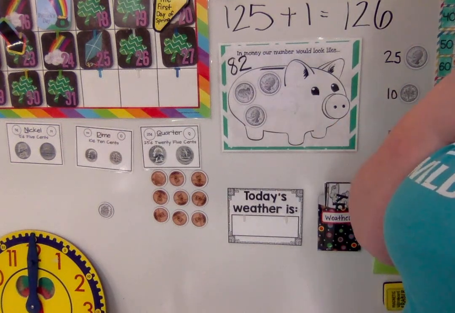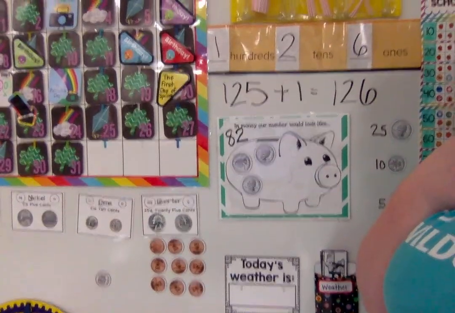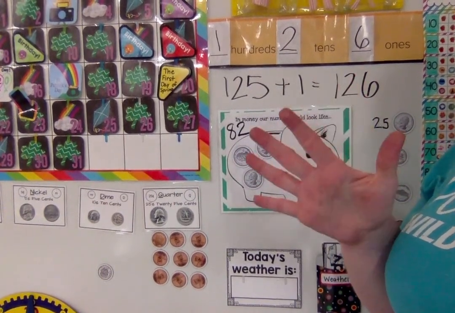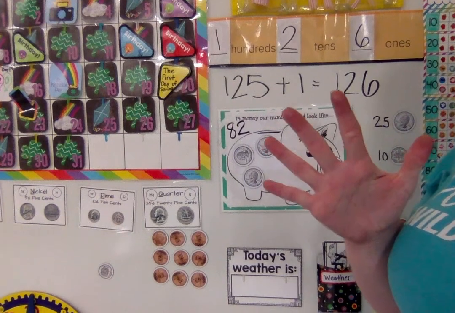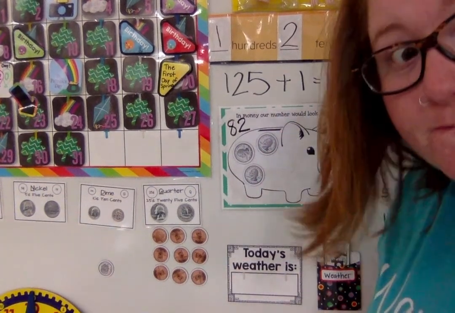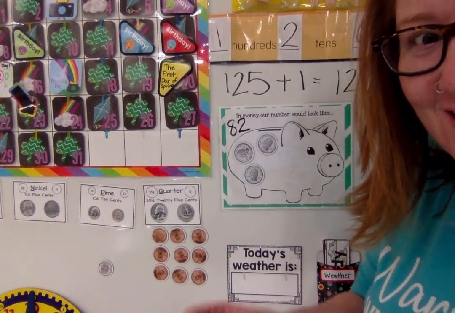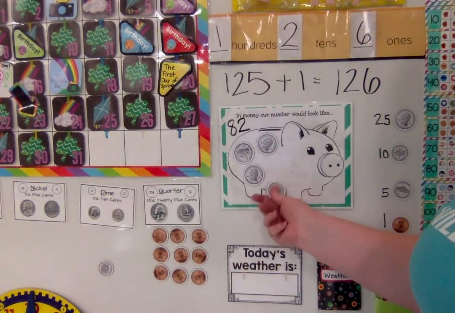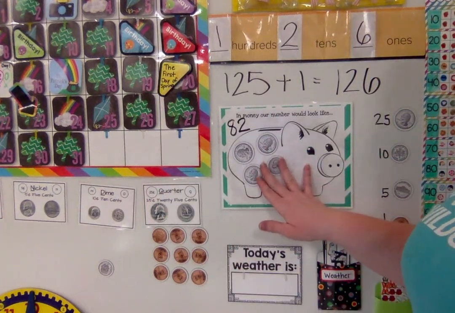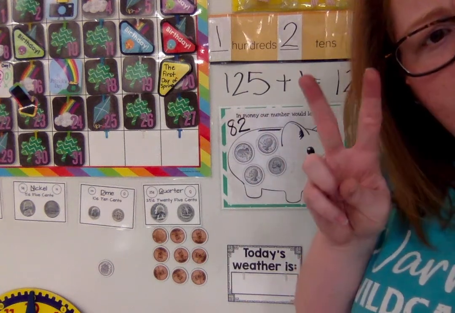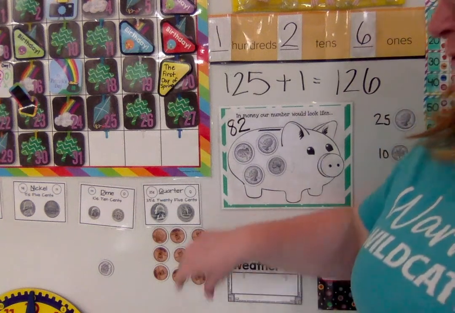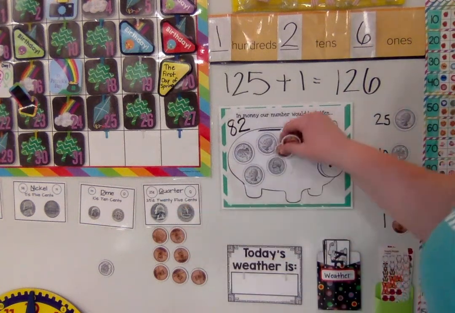Ooh, what would get us to 80? 75, 76, 77, 78, 79, 80. What's that? Nickel, thick and fat. You're worth 5 cents. I know that. So now we have 80. What do I need to get 82? 2 pennies. Very good. 2 pennies.